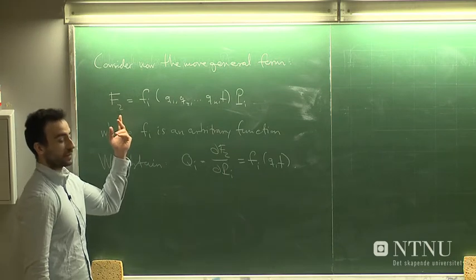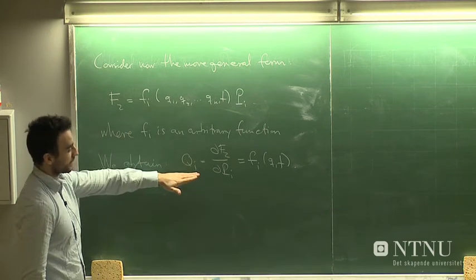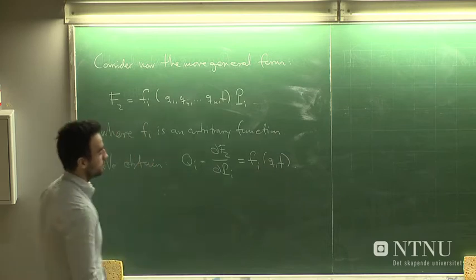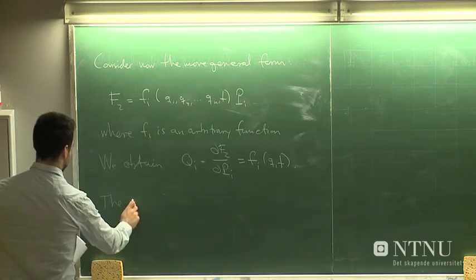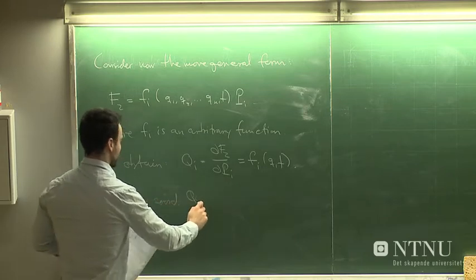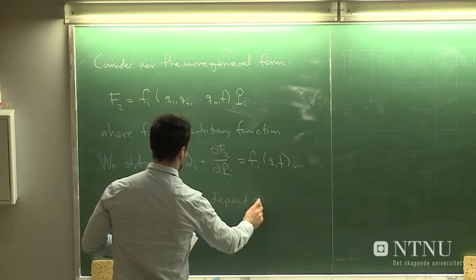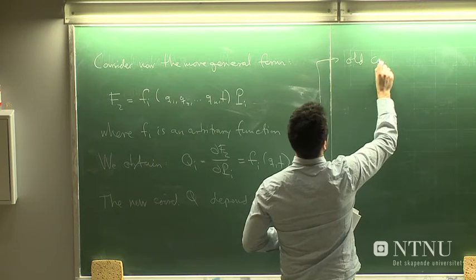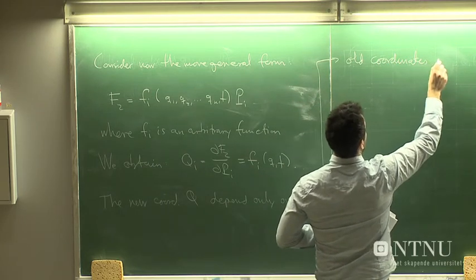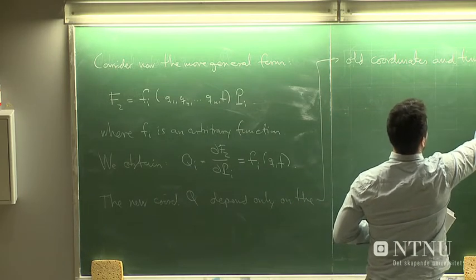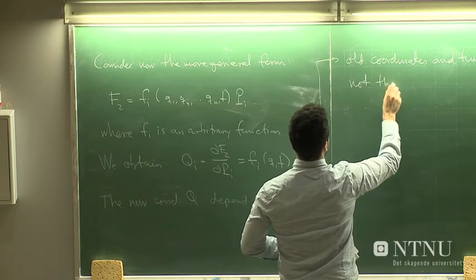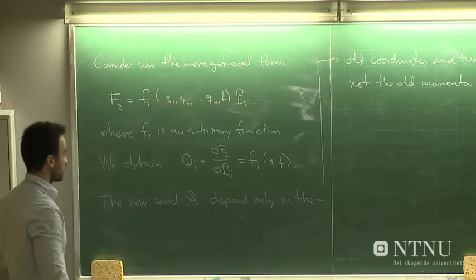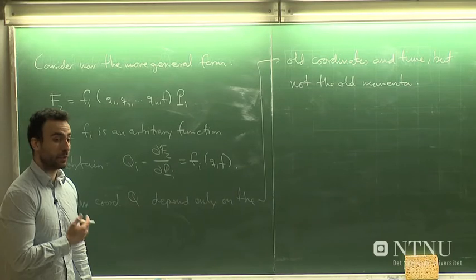we see that this function generates a transformation so that the new coordinates are a function of the old coordinates and not the old momentum. So in other words, this is exactly a point transformation.